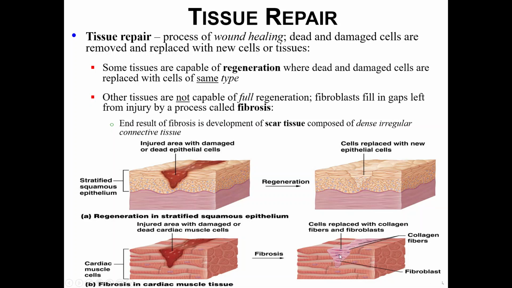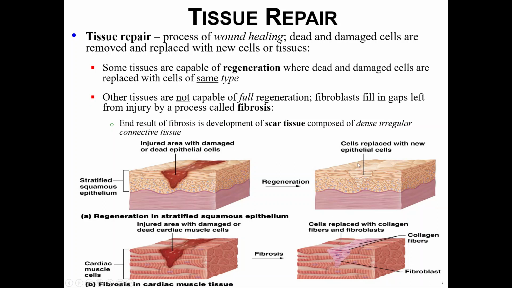Okay, so collagen fibers, fibroblasts, this connective tissue, it's not capable of muscle contraction, which is what your heart was good for. So you are not only replacing this with a different type of tissue, but you're also losing functionality here. Okay, if you do that enough, your heart efficiency is dramatically decreased.